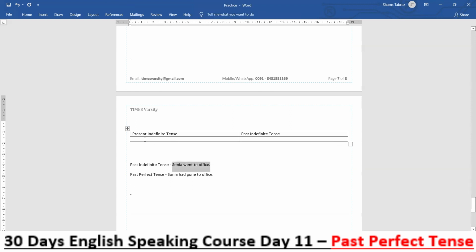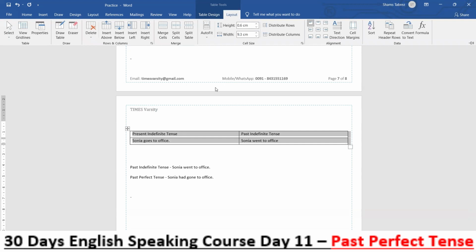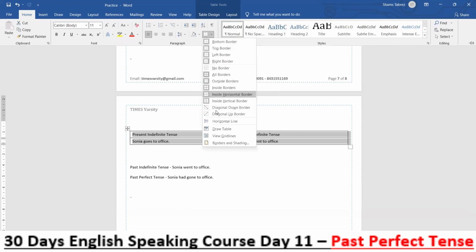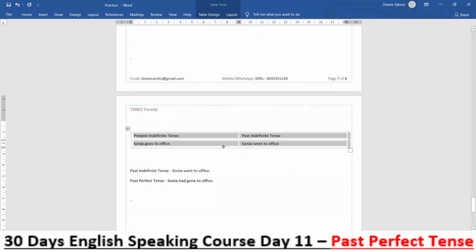So here in present, it will be like Sonia goes to office. And in past, it will be Sonia went to office. Okay, so look at the difference, meaning and all, how the meaning changes. That is quite important. This is what we need to understand. As we progress, we will keep on comparing to make our understanding easy.